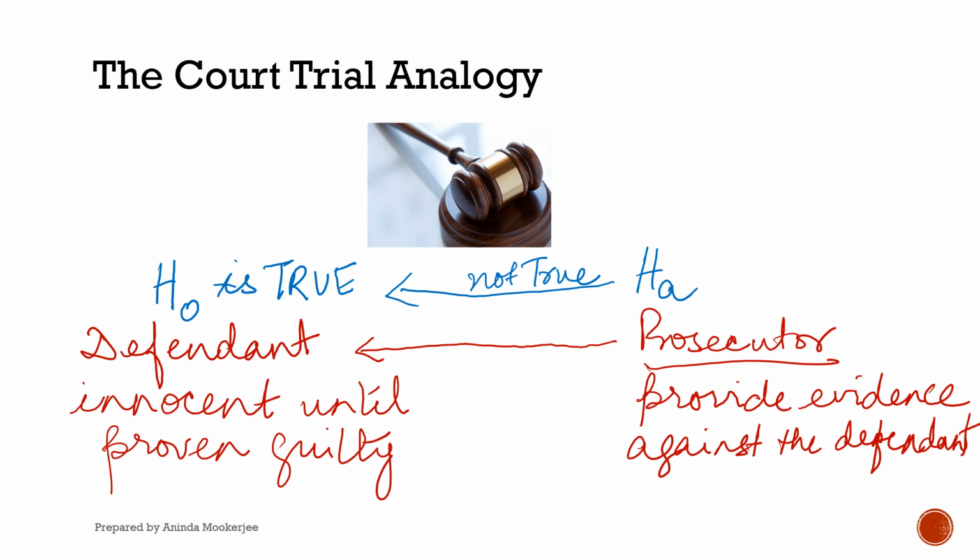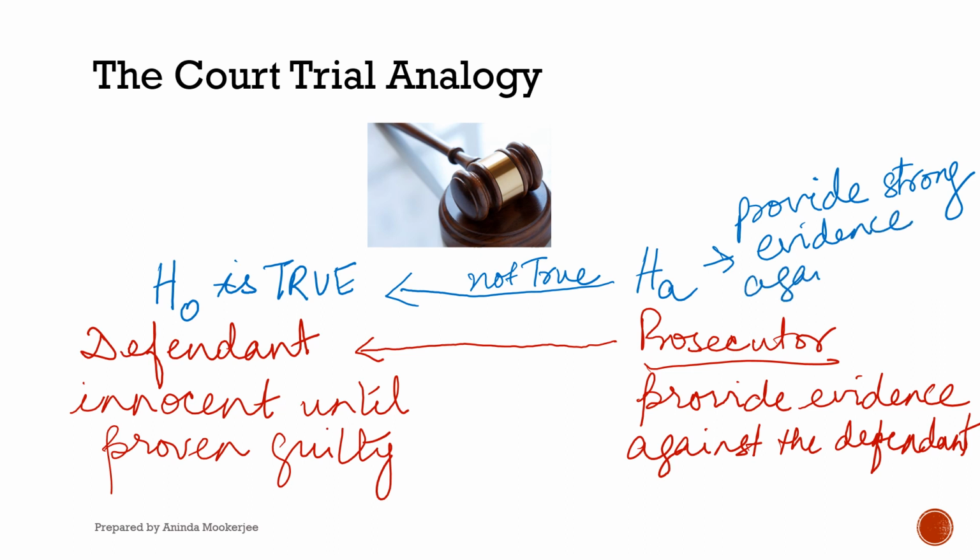So what does the alternate hypothesis have to do? The same as what the prosecutor has to do. It has to provide evidence. It has to provide not just evidence, but evidence which is strong enough, strong evidence against the null hypothesis. And where does the evidence come from? From the study. It comes from the sample study.